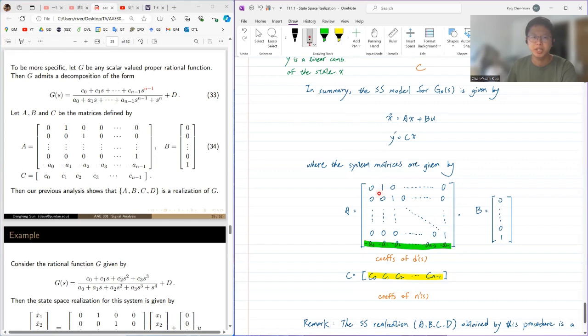The input matrix B is an n by 1 vector with all components as 0, except for the component on the last row as 1. The output matrix C is a 1 by n vector comprised of the coefficients of the numerator polynomial n prime of s.